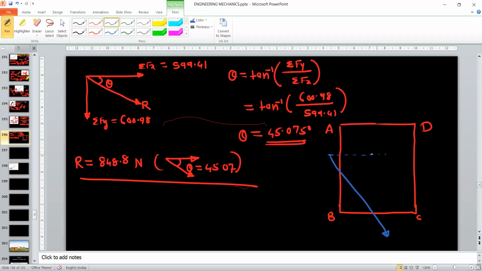This dotted line represents the positive x-axis, and this angle is theta, which is equal to 45.07.